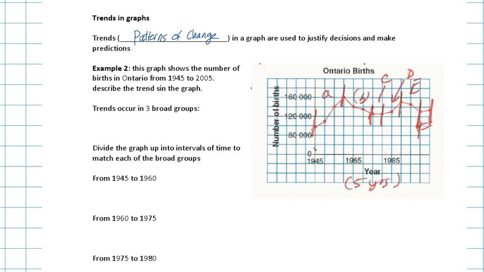Okay? So this graph shows the number of births in Ontario from 1945 to 2005, and it's asking to describe the trend in the graph.